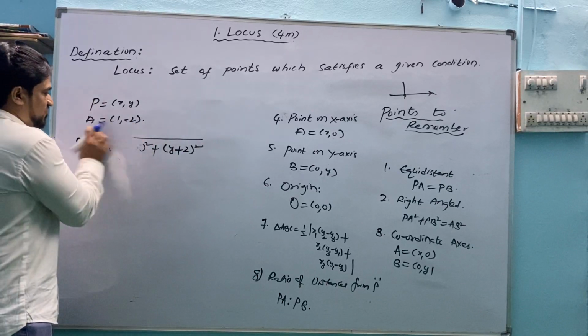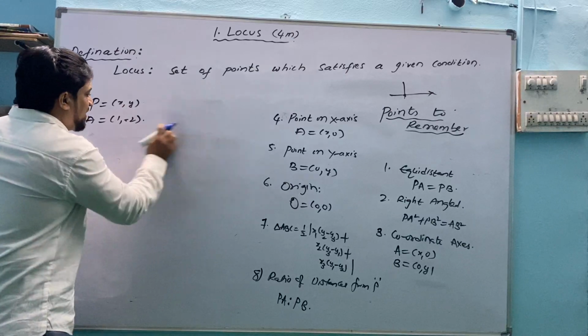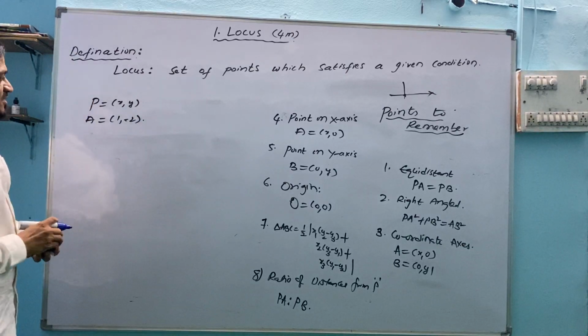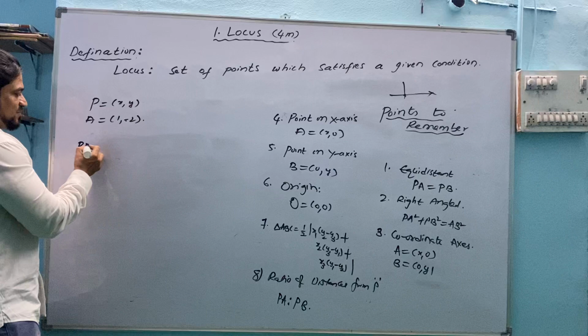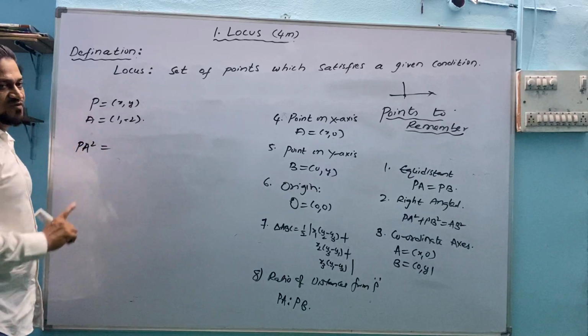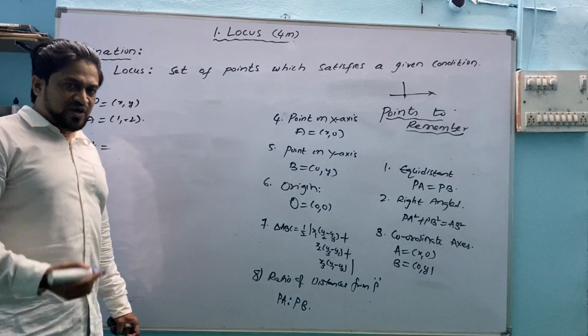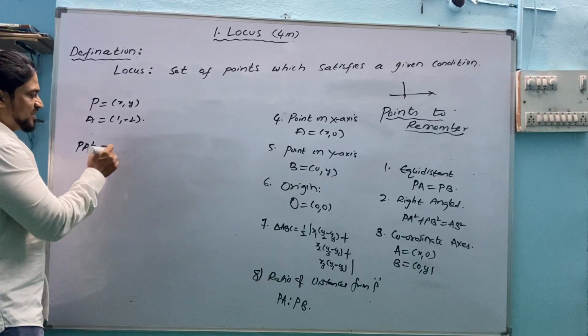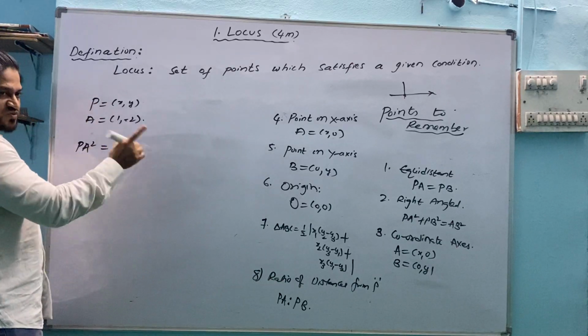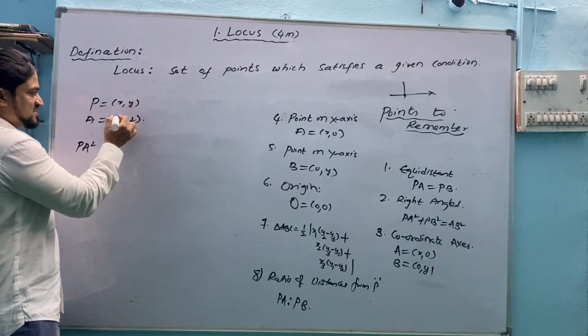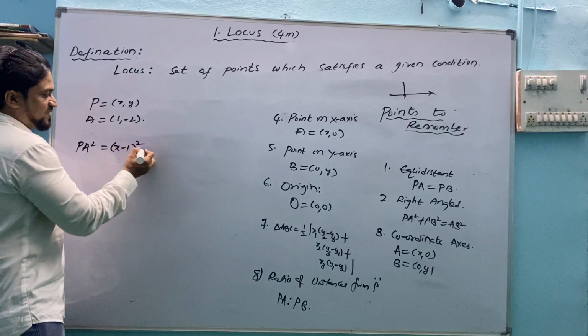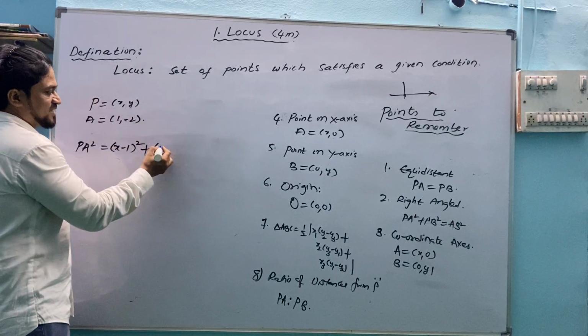Now suppose I want PA square, meaning PA distance with square value. We will not take root here because square and root cancel. In brackets, first minus first whole square, then second minus second whole square.